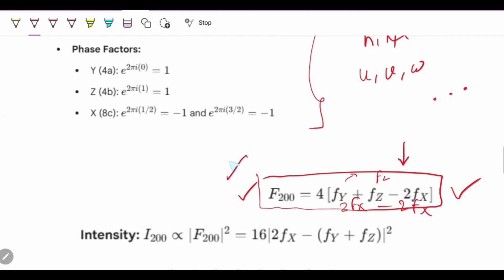This reflection will not be present if the Y and Z atoms are swapped with the X atom.